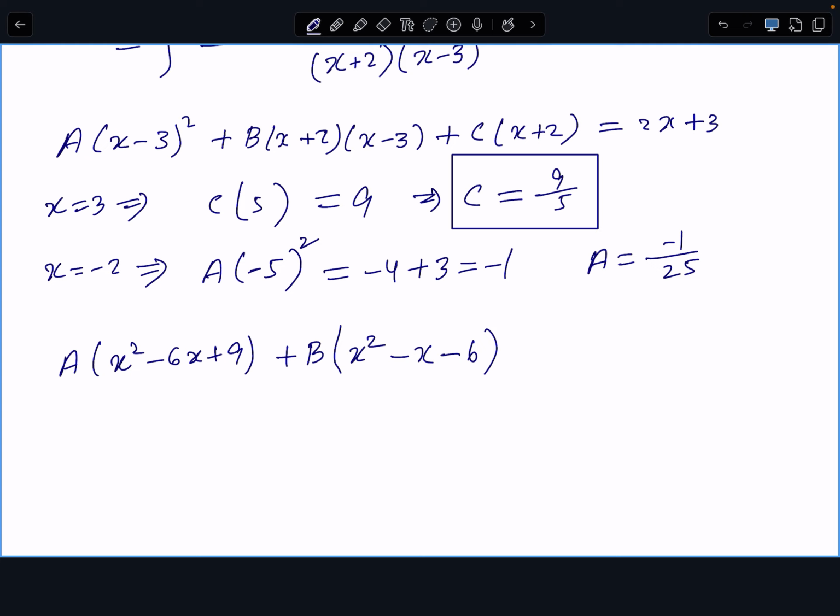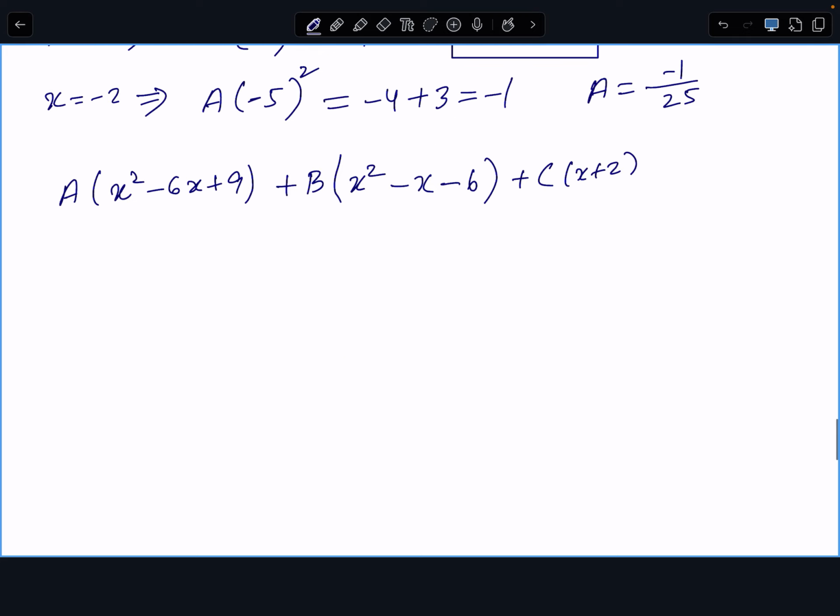Okay, B we're done with it and now C, x plus 2. Okay, and now we're going to go for x squared. This one is x squared. We have A plus B x squared.